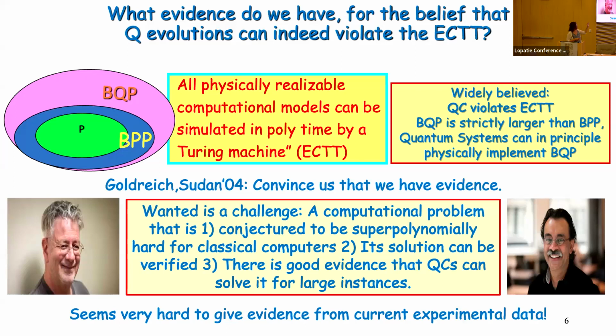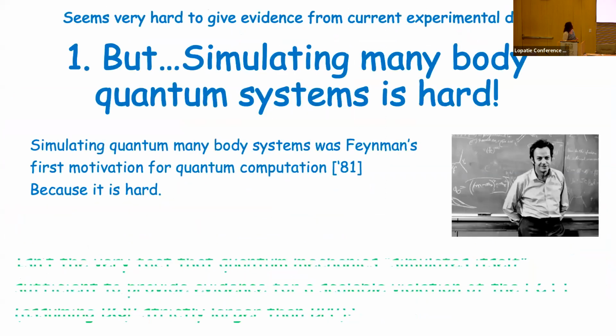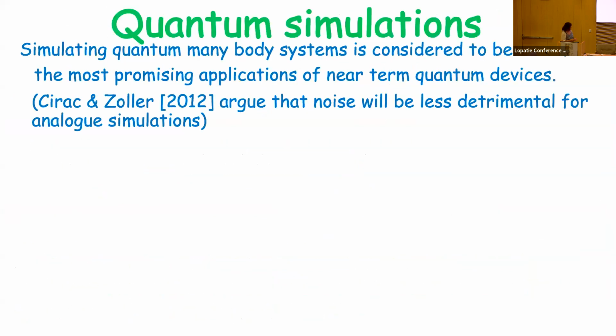First of all, a problem that's conjectured to be super-polynomially hard for classical computers. Secondly, one whose solution can be verified. And thirdly, that there is good evidence that quantum computers can solve it for large instances.